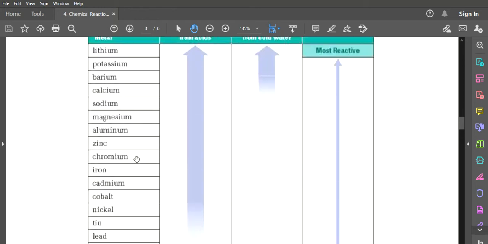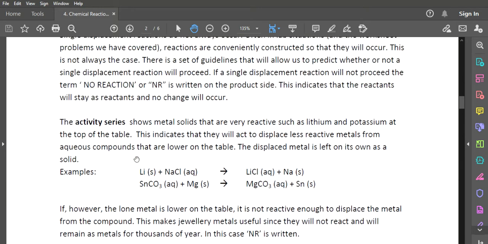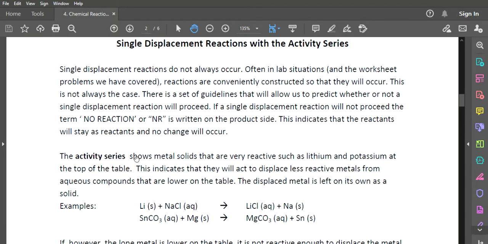So if you have a reaction that involves an extremely reactive metal on its own as the element and a lesser reactive metal within the compound, this more reactive metal has the ability to kick the less reactive metal out of the compound and make a reaction occur.